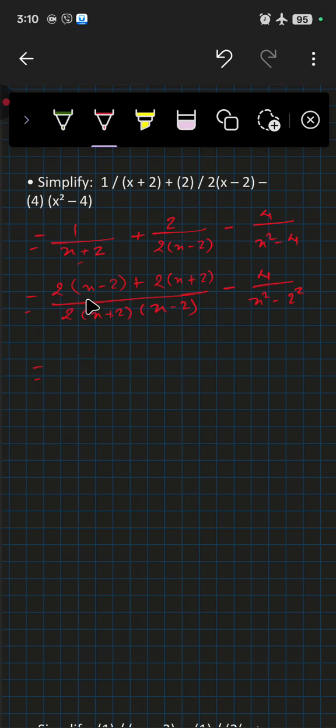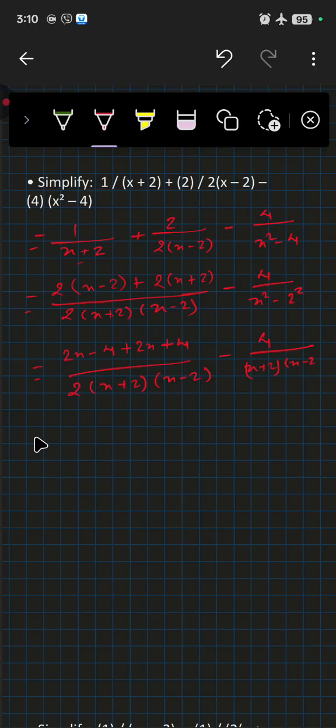We get 2 multiplied by x, 2x, minus 2 2s are 4, plus 2x plus 4, whole upon 2 multiplied by x plus 2 multiplied by x minus 2, minus 4 over this x square minus 2 square will become x plus 2 into x minus 2.